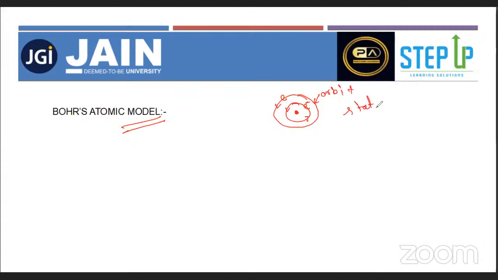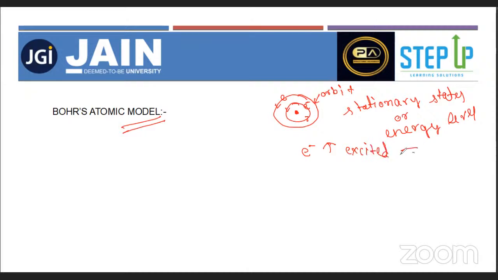These are also known as stationary states, or we even say them as energy levels. He said that yes, they are moving, they are charged particles, they are accelerated, but they are not going from one place to another. If an electron has to go from a lower level to a higher one, it has to get excited, and to get excited it needs energy.